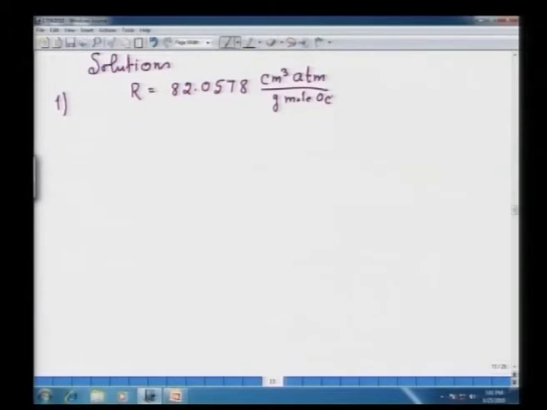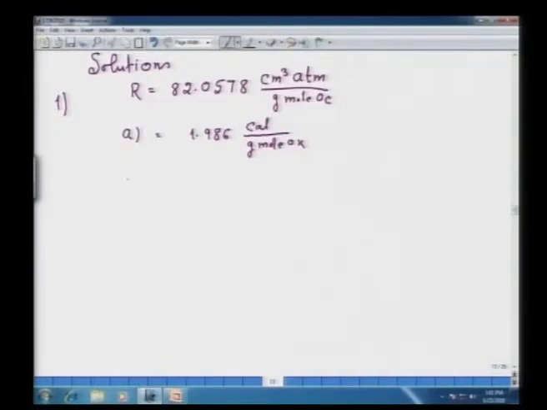Now, we have to get it in CGS unit. All that you have to do is interconvert it, and I am straight away giving the answer. The answer will be 1.986 calorie per gram mole degree Kelvin. That is the answer for part A.